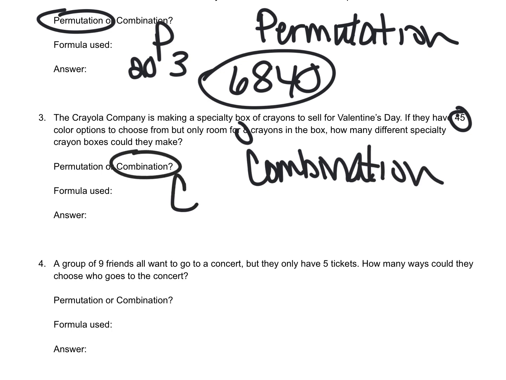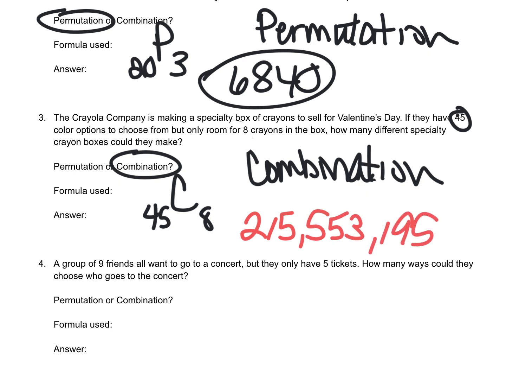We have 45 total, and we are choosing 8. So if we use our calculator, 45 choose 8, there are 215,553,195 different ways that you could do that.